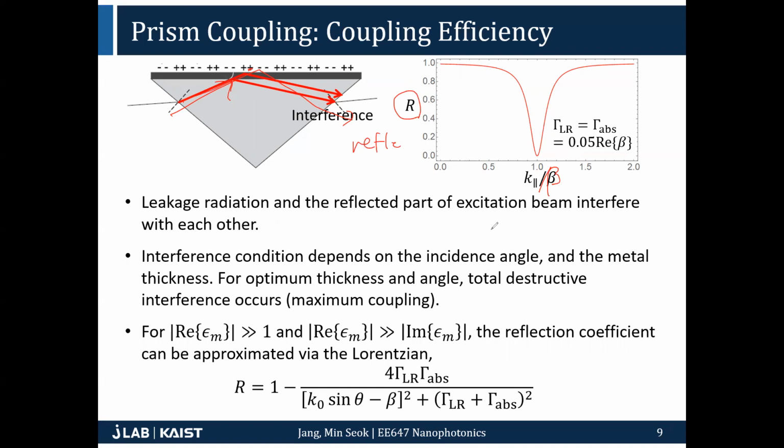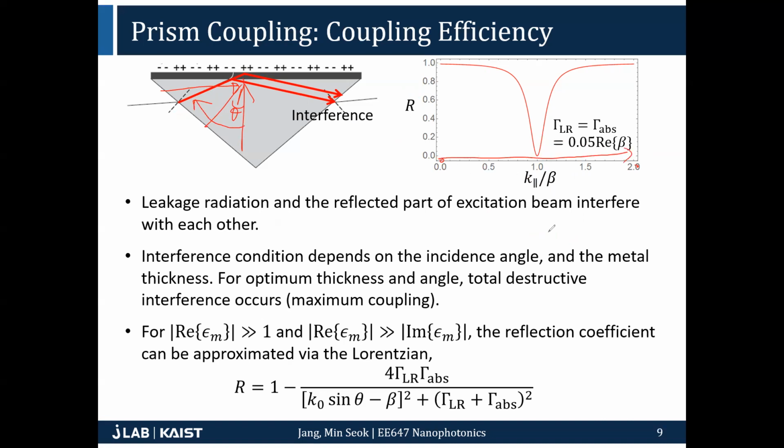So K parallel is here n K0 sine theta, right? Divided by beta. So this is nothing but normalized sine theta. So you're basically increasing the angle from one value to other values. What you're doing from here to here is you basically shine light like this to shine like this. So you're increasing the angle of incidence.